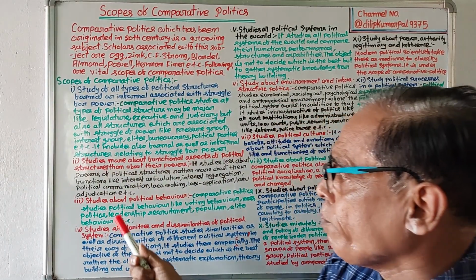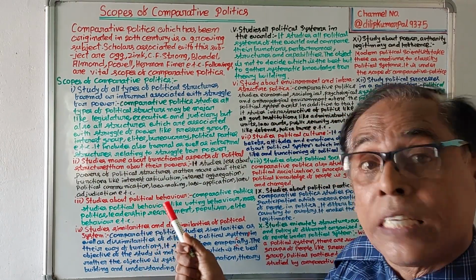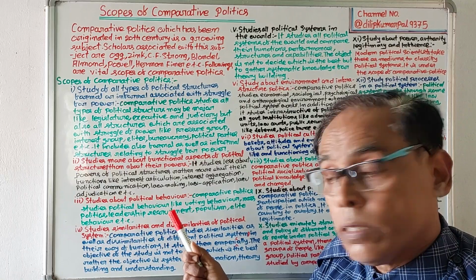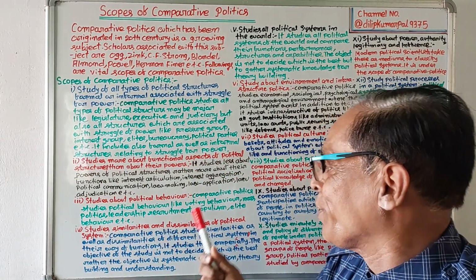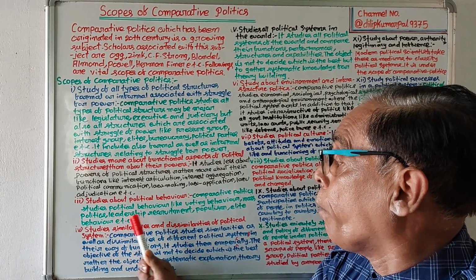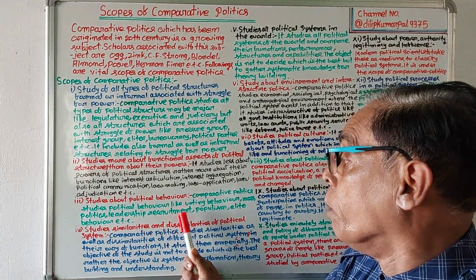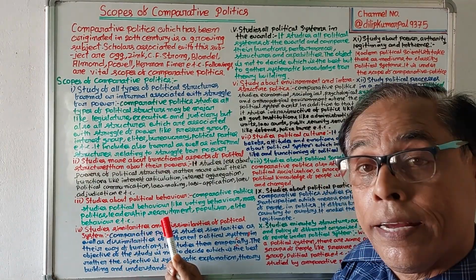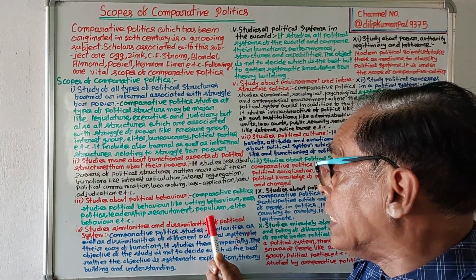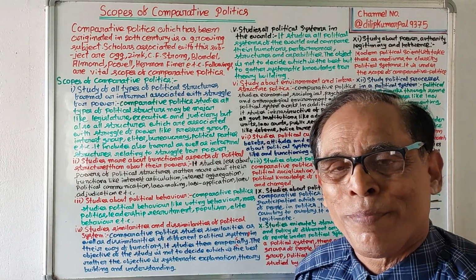Number 3, it studies political behavior. Another scope of comparative politics is that it studies political behavior. Comparative politics studies political behaviors like voting behavior, mass politics, leadership recruitment, populism, elite behavior.